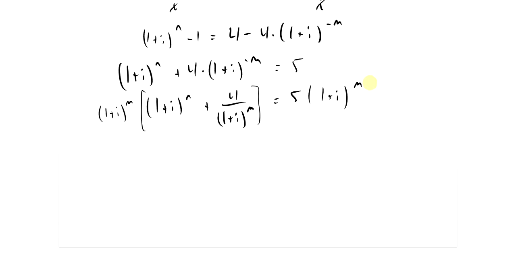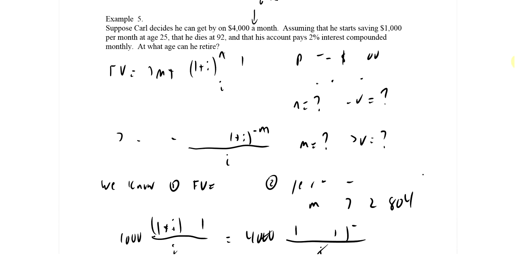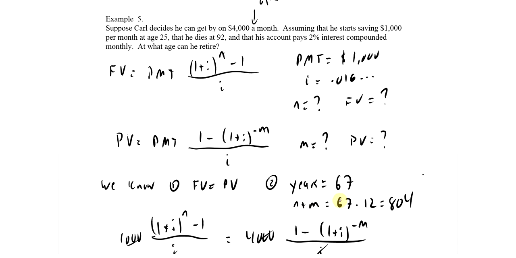Excellent. So what do we get? 1 plus I to the m plus n plus 4 equals 5 times 1 plus I to the m. But fortunately, we know that n plus m is 804.